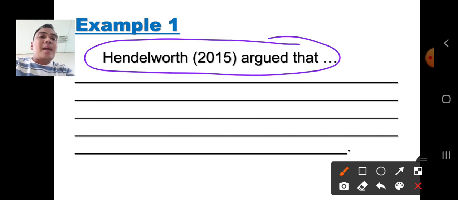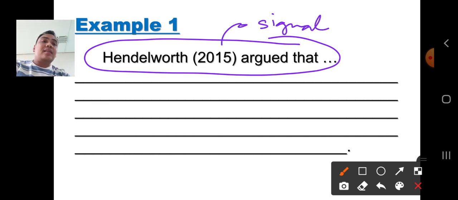This example is just a specific type of signal phrase. Notice that Hendelwerth 2015 argued that is an example of a signal phrase.